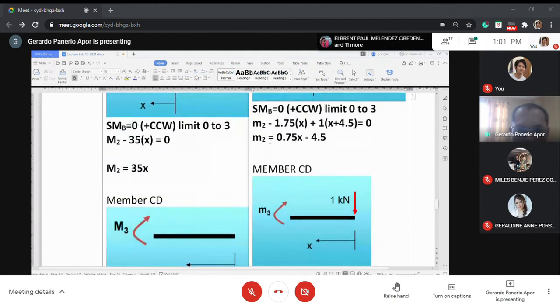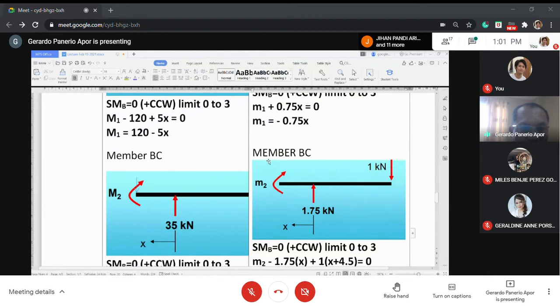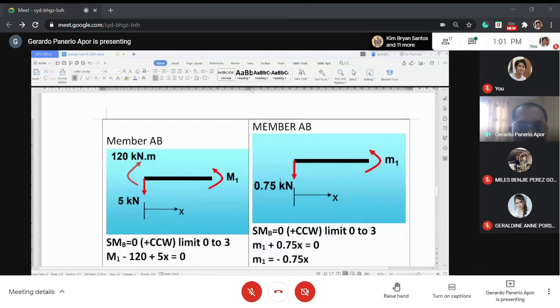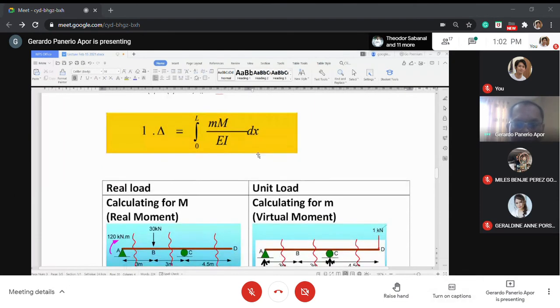M2 must be multiplied with small m2, and M1 with small m1, in order to get this equation. Because you have three moments, since we divide into three finite lengths such that the sum of all lengths is equal to L, we have three integral equations. So our equation will be like this.